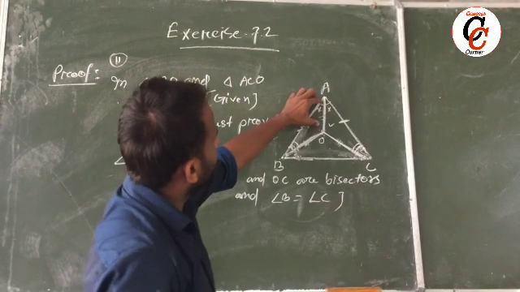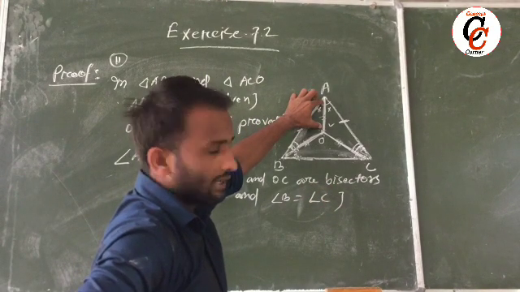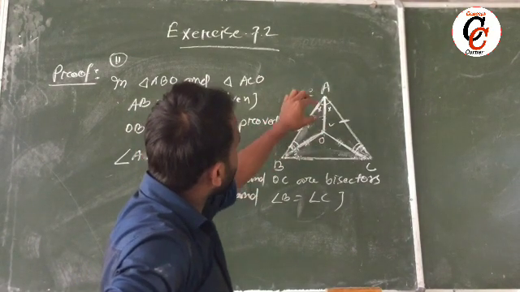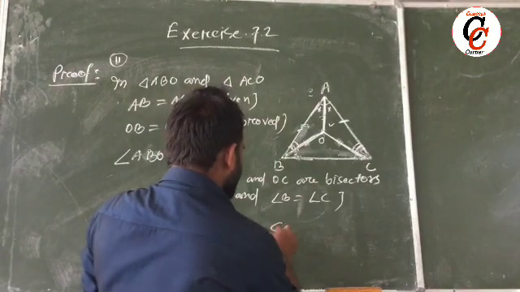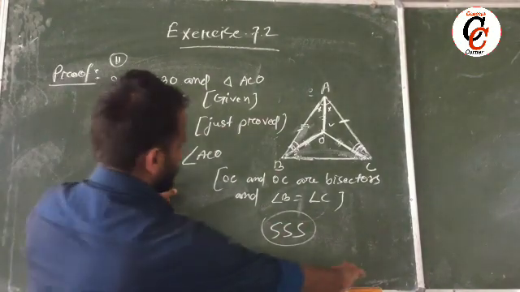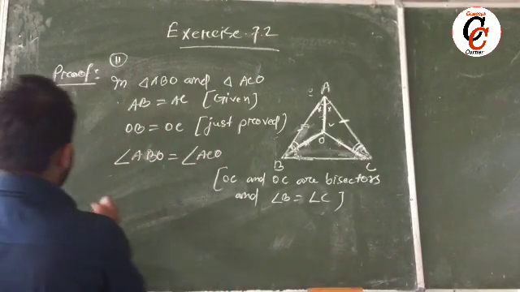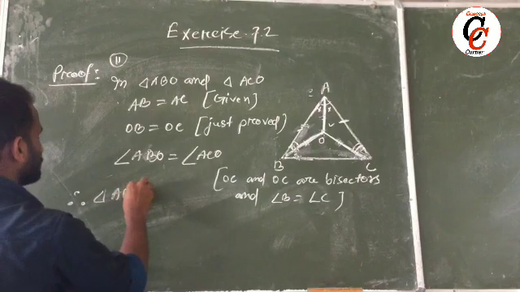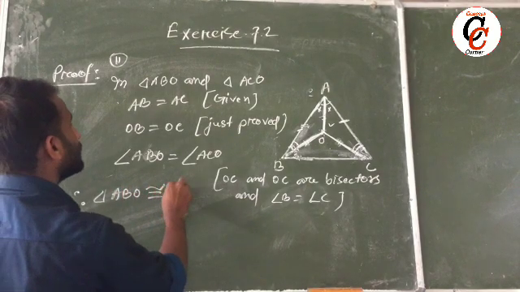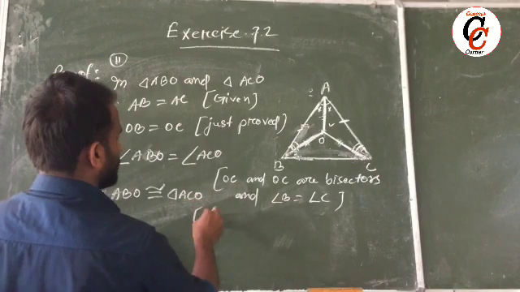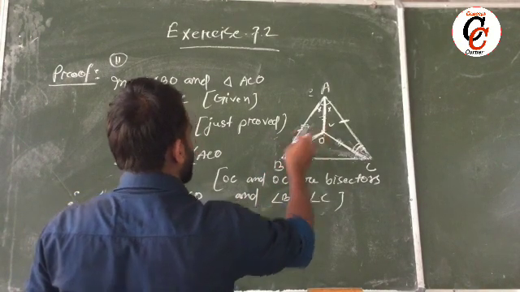You can prove it by taking the side AO also, and it will be easier, but that criteria is not proved yet, so I have taken this one. So therefore triangle ABO is congruent to triangle ACO. By what criteria?